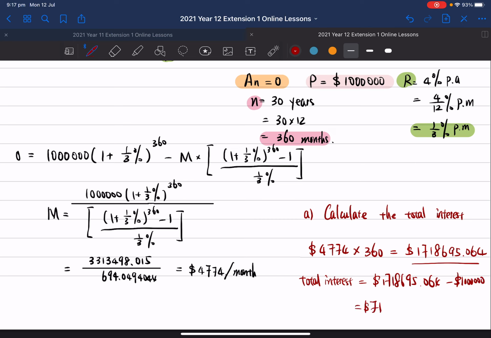It's 718,695. That's an extra that you pay to the bank. It didn't double, but I would say close to double. Obviously, right now the interest rate is 4%. Imagine if the interest rates increase to 7% or 6%, then the total interest is definitely going to be the same as the amount you borrow, or even more.